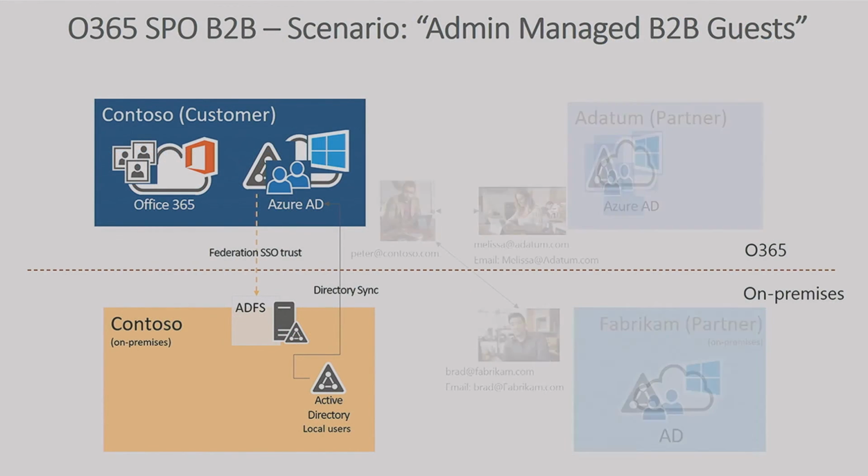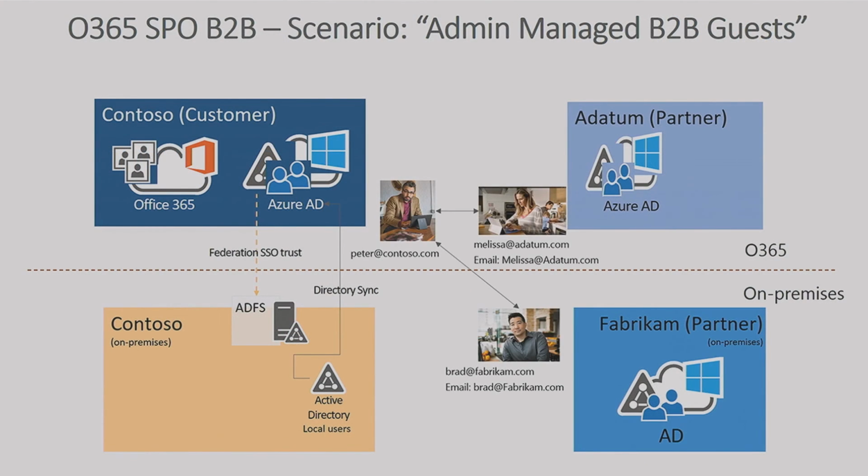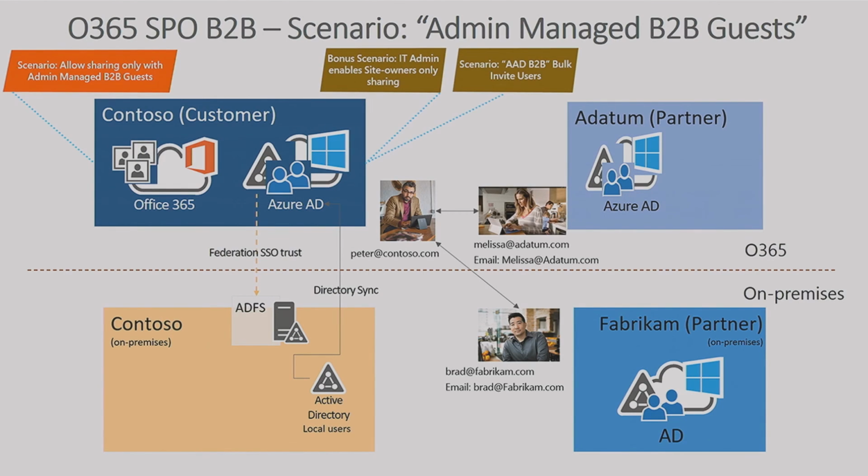And typically, you have the Contoso setup and perhaps the synchronization from your on-prem for your local users. But the key point here is there is an Azure Active Directory B2B model. How many of you are familiar with that? A few of you. So in other words, as the global admin of your tenant, you will be able to create a simple CSV file with the bulk list of users.